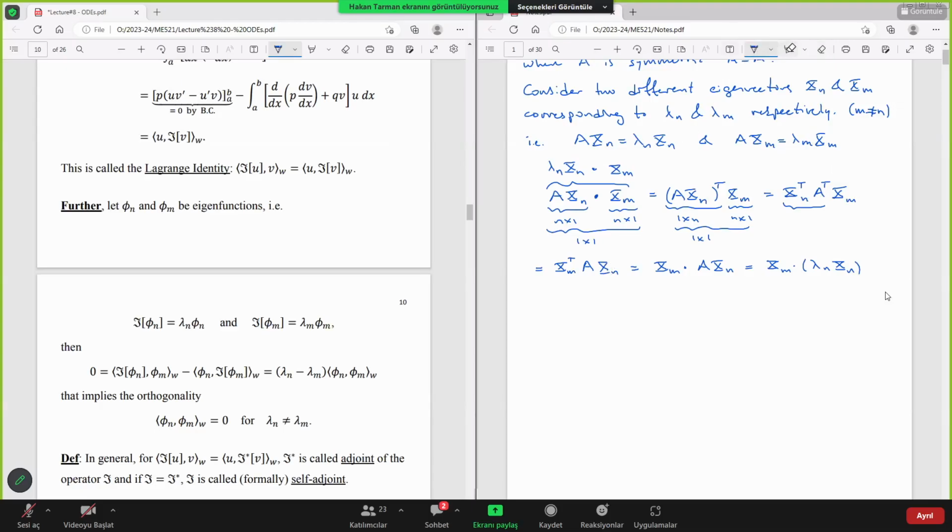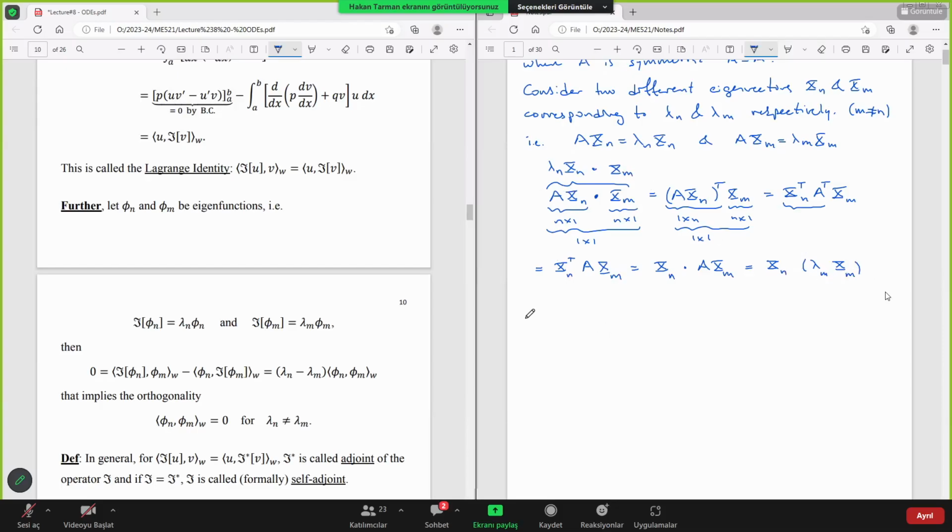And then you have n and m. So let me just change all these, okay? I just mixed these indices up. Okay, and so this is this, and this is that, okay?